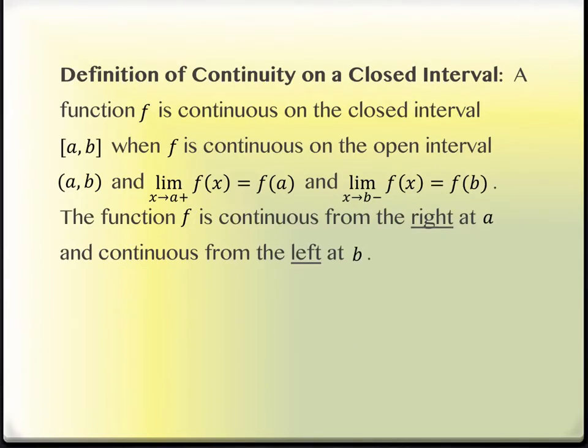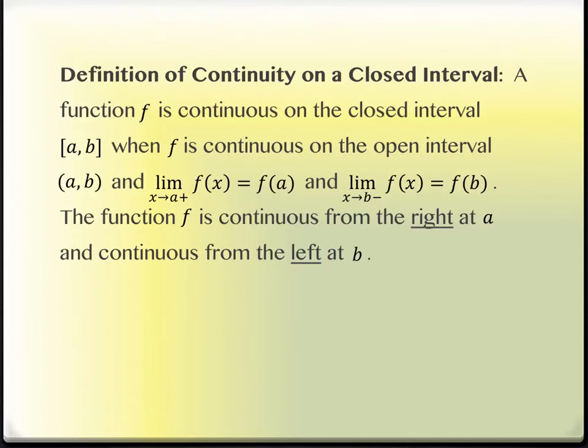Definition of continuity on a closed interval. A function f is continuous on the closed interval [a, b], the brackets meaning it includes the endpoints, when f is continuous on the open interval (a, b), and we have these additional considerations about what happens on the endpoints.